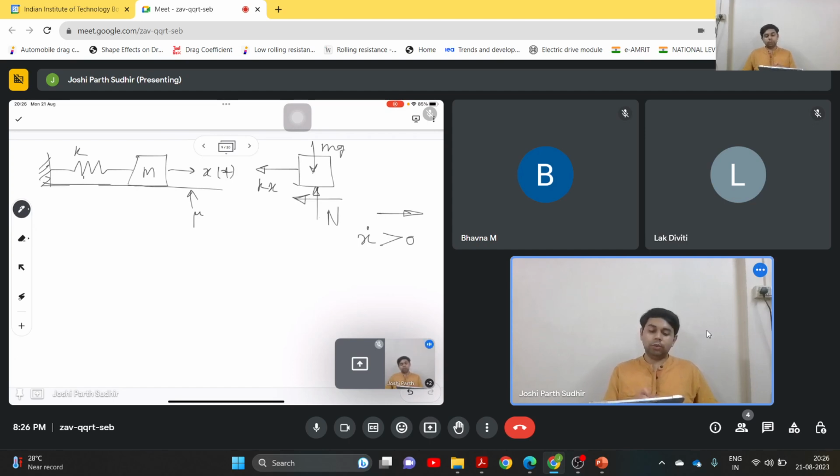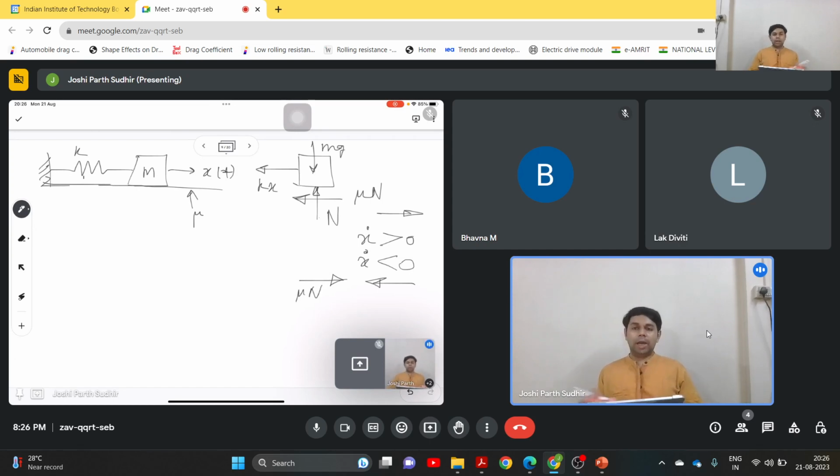So the friction force will be mu n if the direction of the velocity is rightwards, and if the direction of the velocity is negative, leftwards, then the friction force will be rightwards. So the friction force changes direction when the direction of the velocity of the block changes.